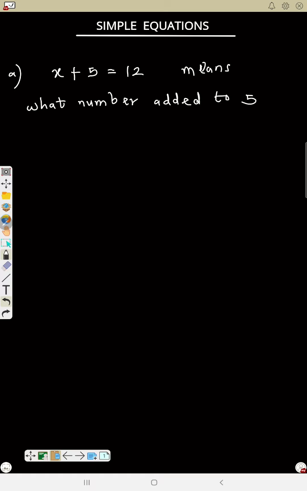So now let's say x plus 5 is equals to 12 means, what number added to 5 gives 12.